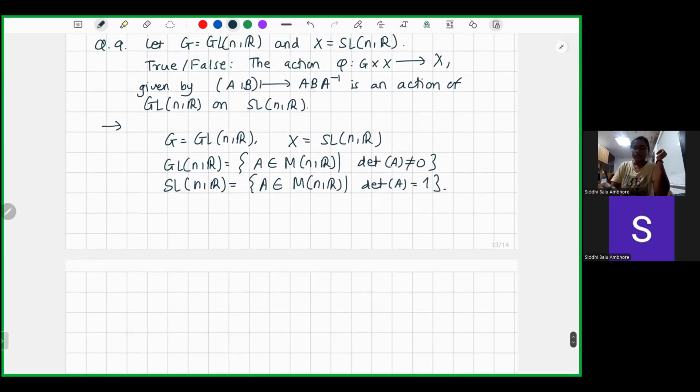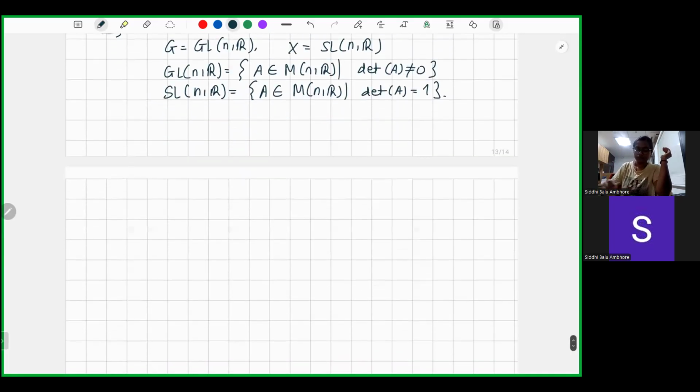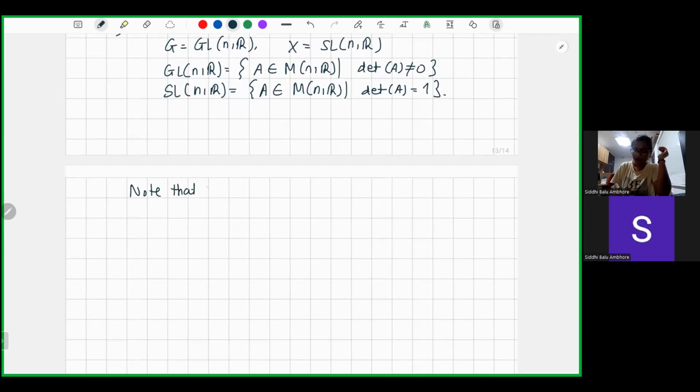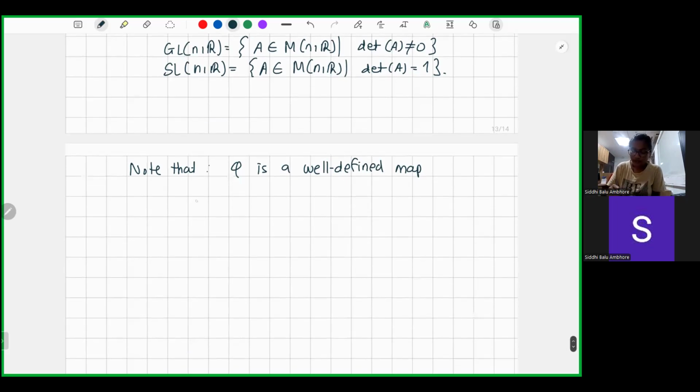Okay. So now, first of all, note that this action is well defined. That is, phi is a well defined map. Before checking whether it is a group action or not, we first need to see whether this is a well defined map or not. Note that phi of A comma B is ABA inverse. What is the determinant of ABA inverse?